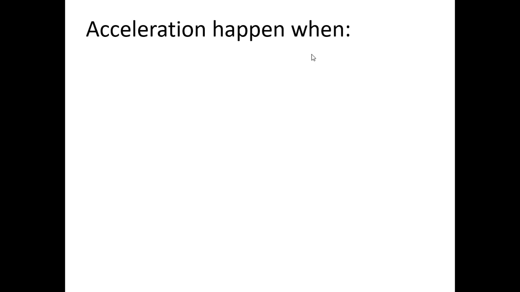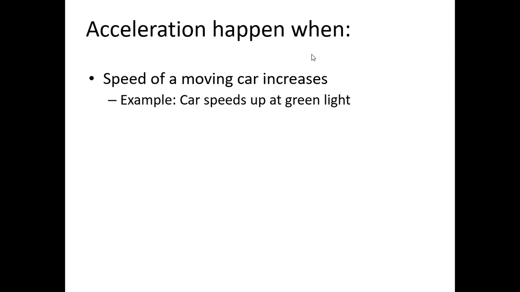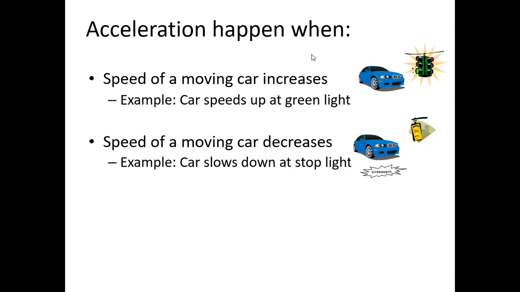Of course, acceleration can happen in several settings. So when a car is speeding up, in other words, when the speed of a moving car increases, there is acceleration. As an example here, a car speeds up when the light turns green.